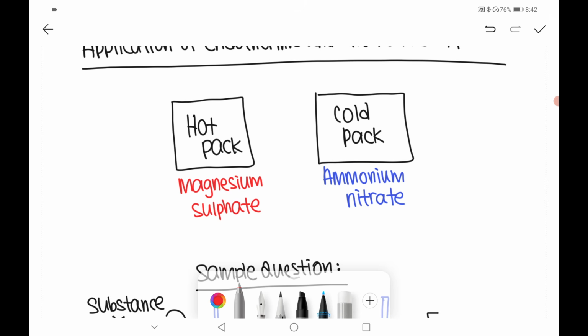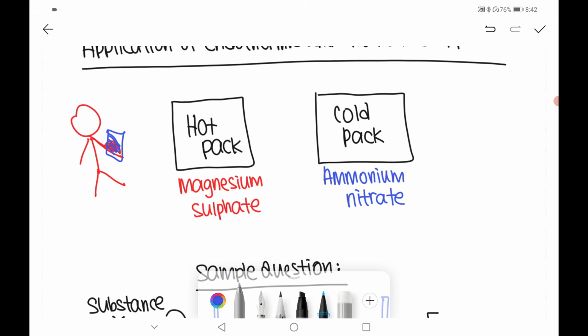So what is cold pack? Let's say there is a person who falls down, then the hand is swollen, the hand bengkak, swollen. You can put a cold pack on the swollen part. When you put something cold on the bengkak part, it will become better. You won't feel so much pain.